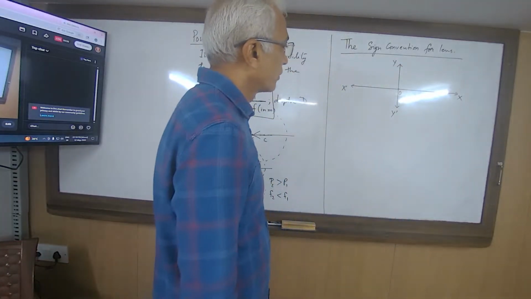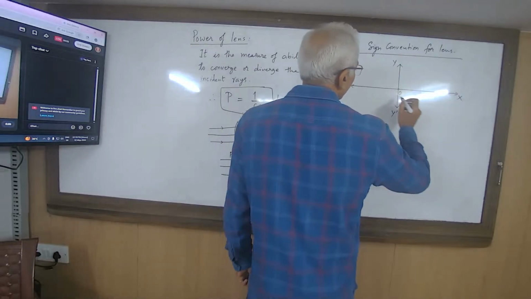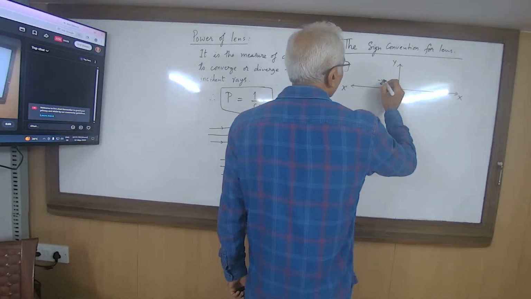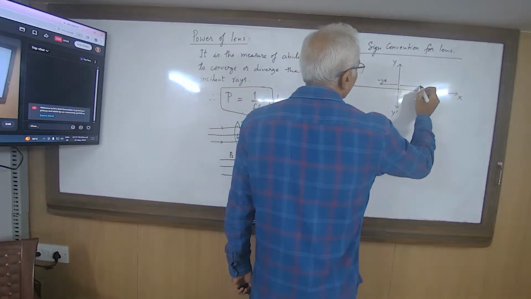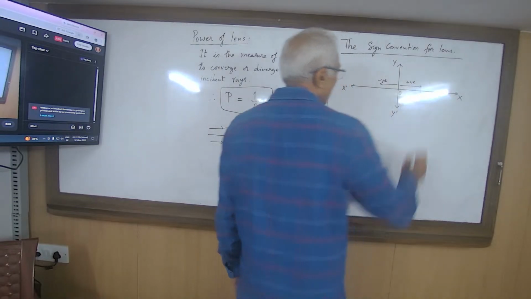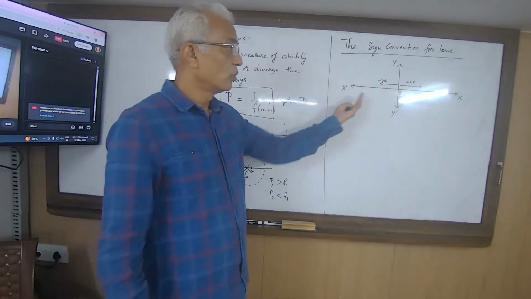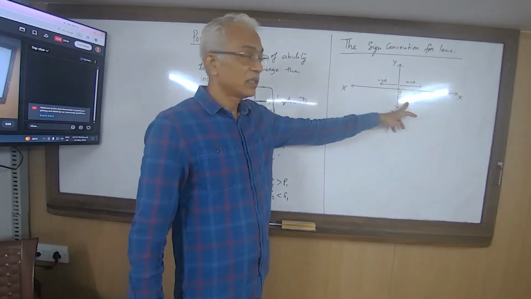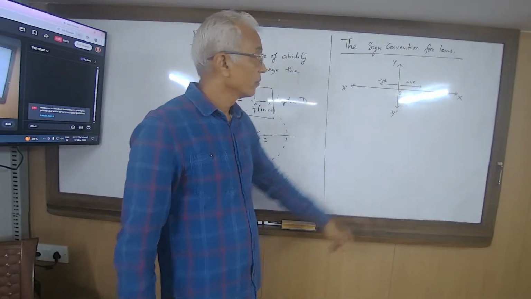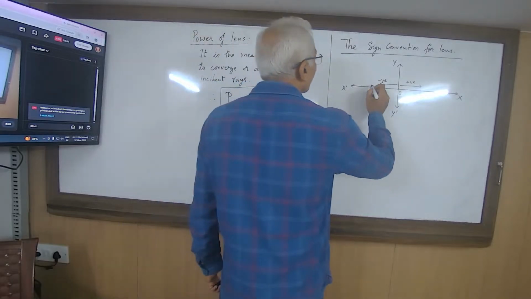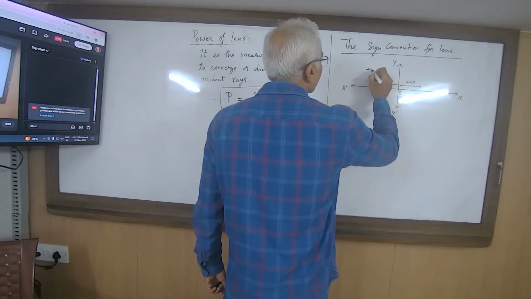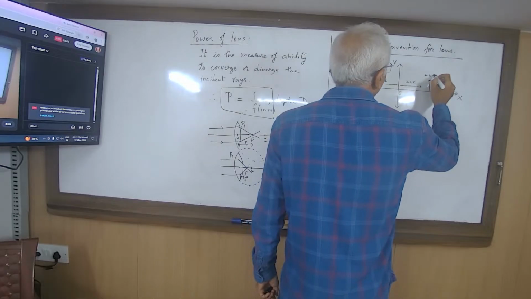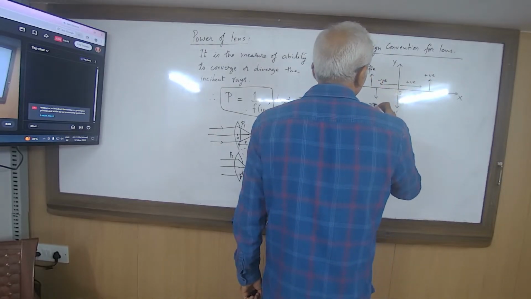The distances to be measured on the x-axis: everything to the left of O is taken as negative, to the right of the optical center is positive. Anything above the principal axis is positive on both sides, anything below the principal axis is negative.